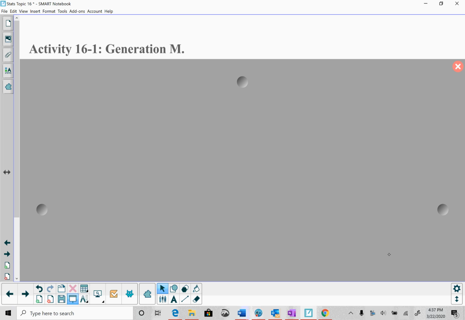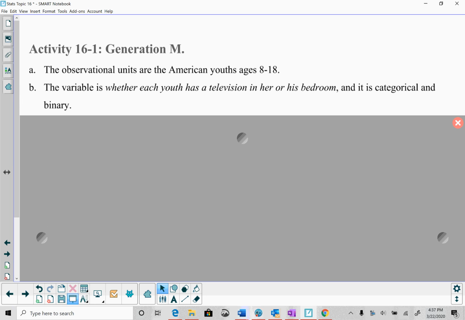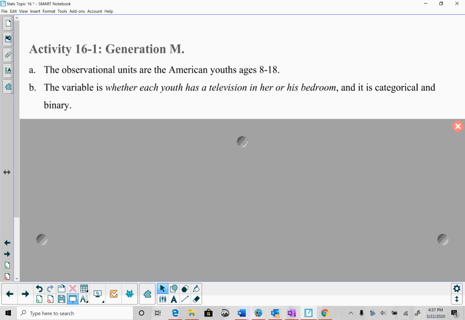So the observational units in this study are American youths, ages 8 to 18. The variable they're talking about here is whether or not that person has a television in their bedroom. It's a yes or no question, so that's categorical binary. Because the variable of interest is categorical and binary, the relevant parameter of interest is a proportion.